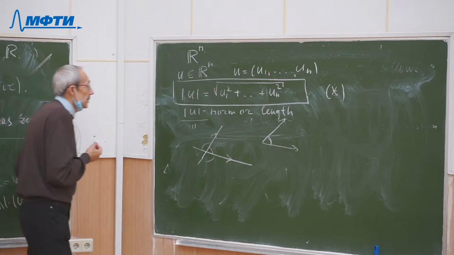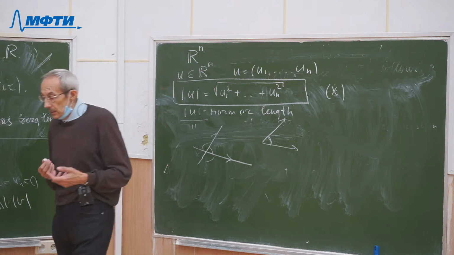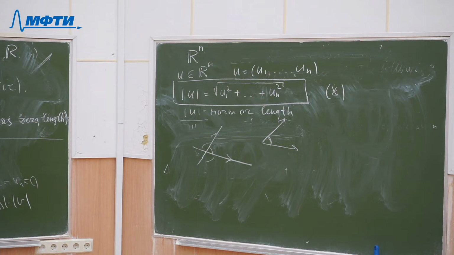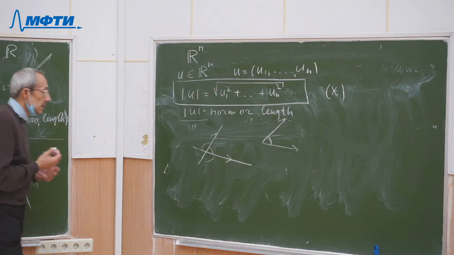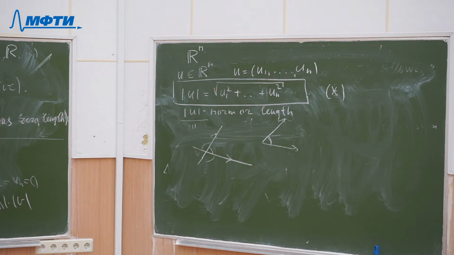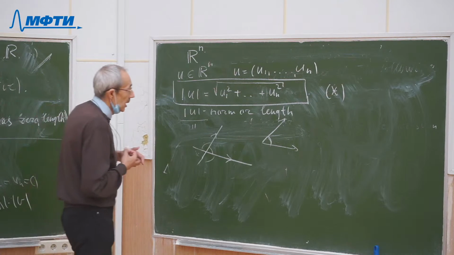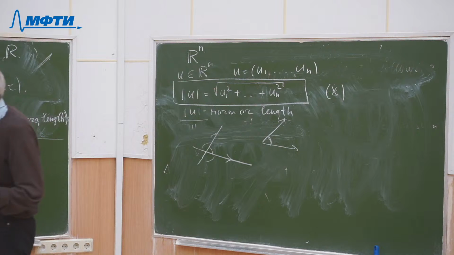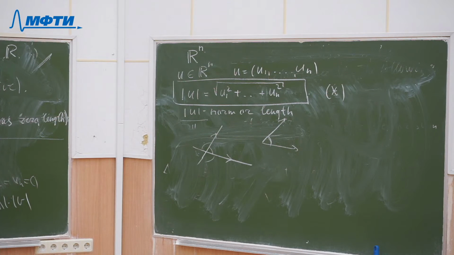How do we define the abstract distance? First of all, we consider the notion of distance in geometrical vector space and consider some basic main properties of this concrete notion of distance, and after that we use these properties to define the abstract notion of distance.